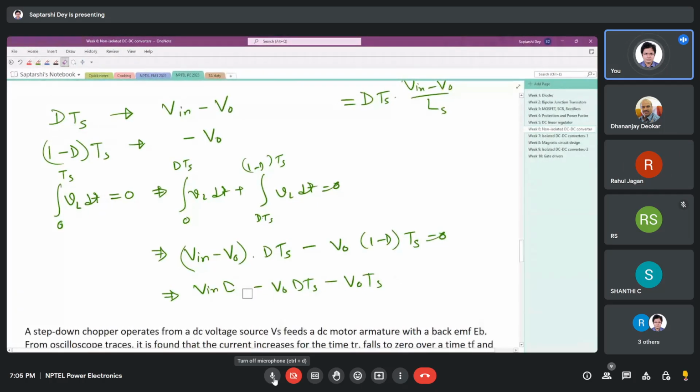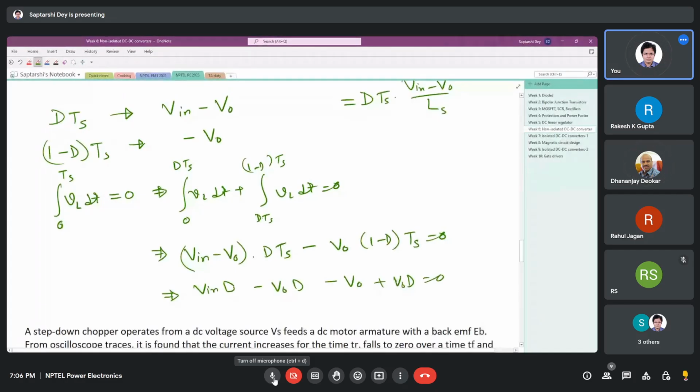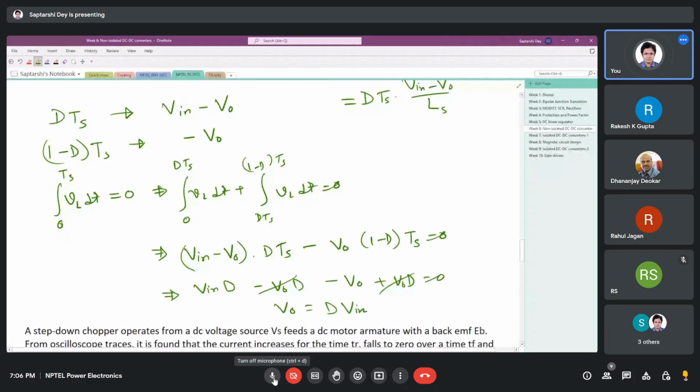I will remove all the Ts. So Vin d minus V naught d minus V naught plus V naught d is 0. They cancel out. So what we got is V naught is d Vin.